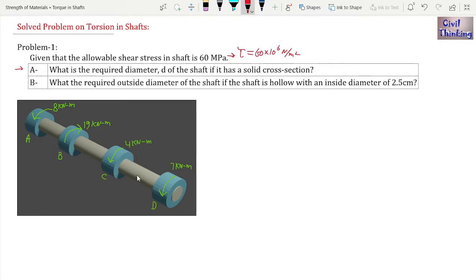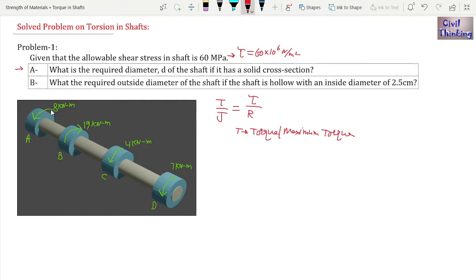Now we know the torque equation. It is T by J equal to tau divided by R. Here T is the maximum torque on the shaft.